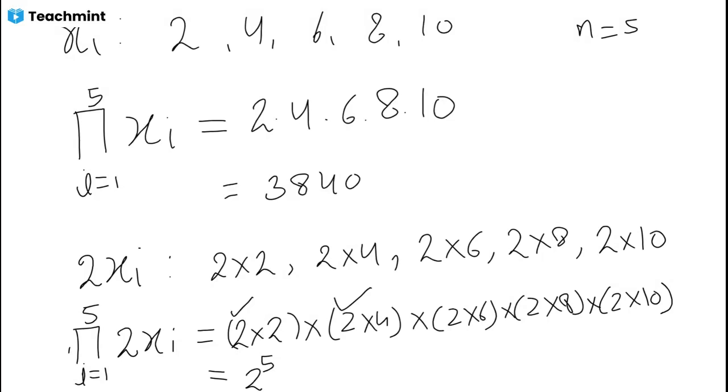So let us write here 2 to the power 5, and we are left with 2, 4, 6, 8, and 10. So just multiply 2 into 4 into 6 into 8 into 10. So we can express it as pi from 1 to 5 of 2xi, where c is equal to 2.